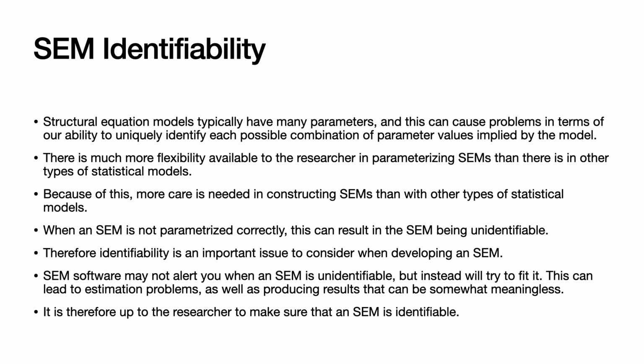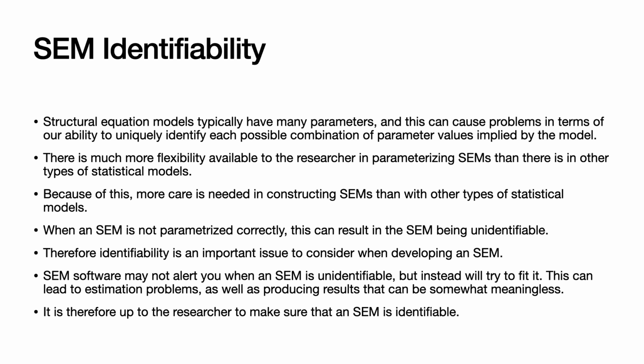Because of this, more care is needed in constructing SEMs than with other types of statistical models. When an SEM is not parameterized correctly, this can result in the SEM being unidentifiable. Therefore, identifiability is an important issue to consider when developing a structural equation model.